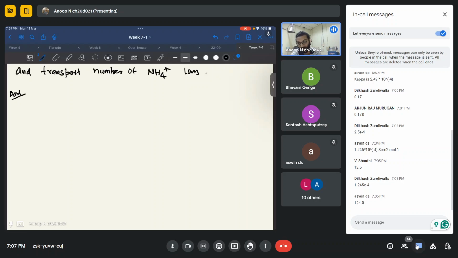How can the transport number be calculated? T NH4 plus is nothing but U divided by U plus V. Here it's given U is equal to 7.6 into 10 raised to minus 4. What's the unit? Centimeter square. Check the unit also.